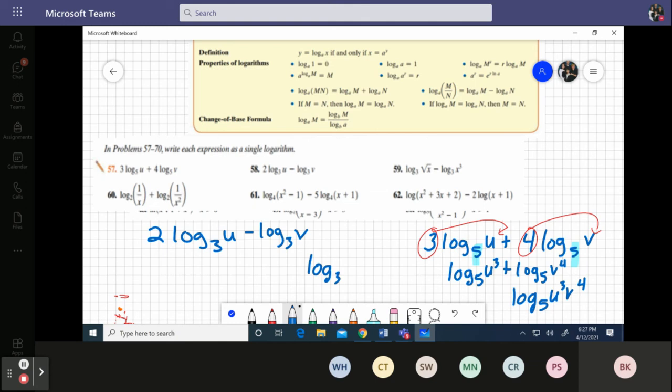So working on this property and this one. What do you think?